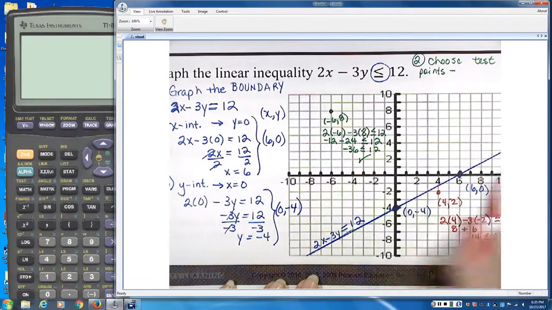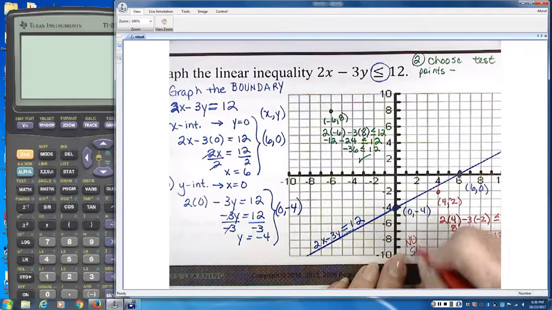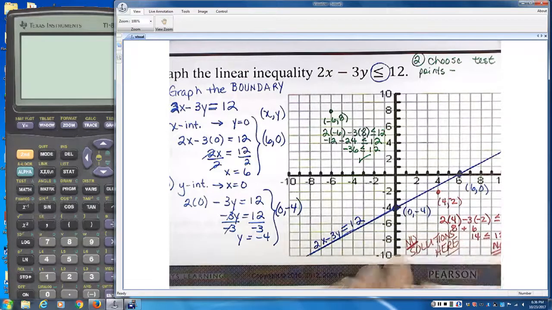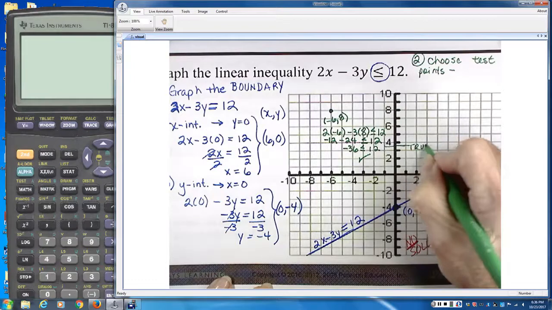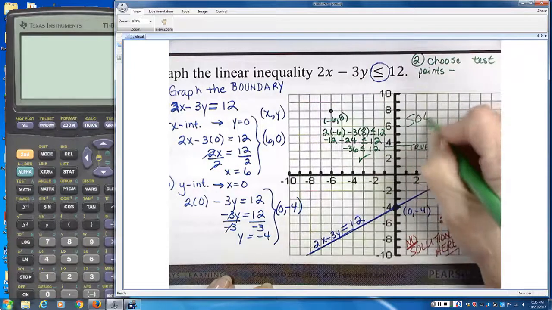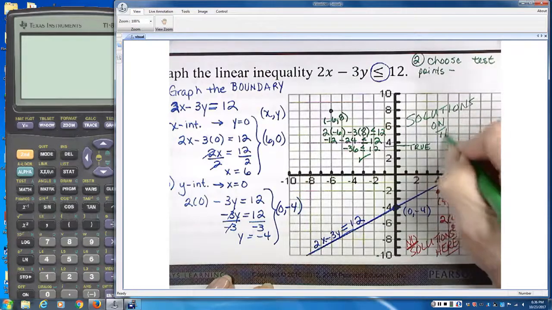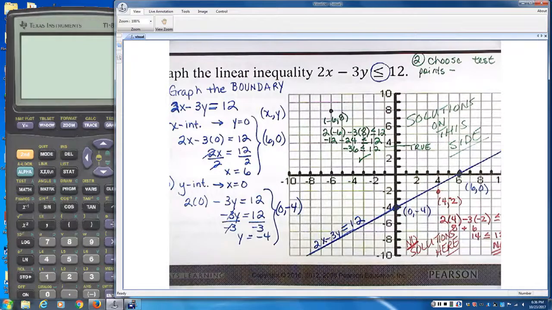No means there are no solutions on this side, because that's not true. But there are solutions on this side. This is true. So the solutions are on that side.